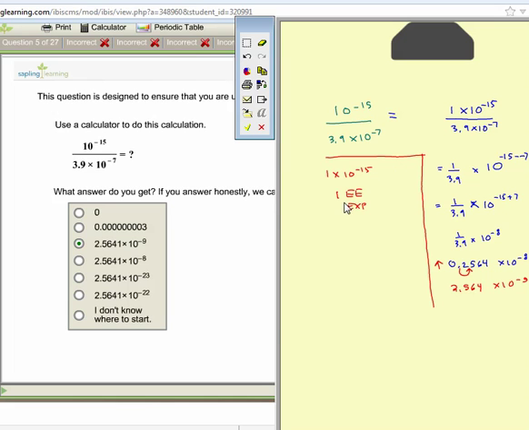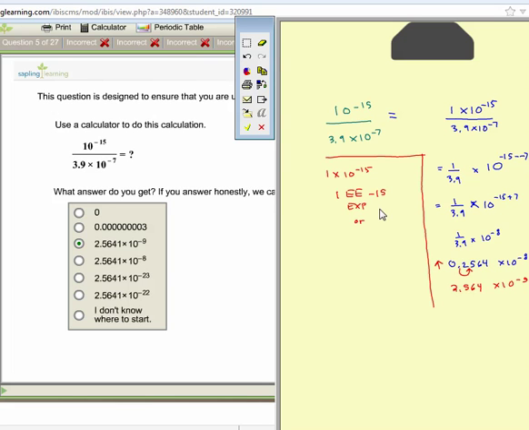You do not hit times, you do not hit 10. You just hit 1, then the EE or the EXP button, and then negative 15. Now remember, this negative is not a minus. You're not minusing 15. It's a negative symbol, which is a different button on your calculator than the minus symbol. So this is how we enter this value into our calculator.